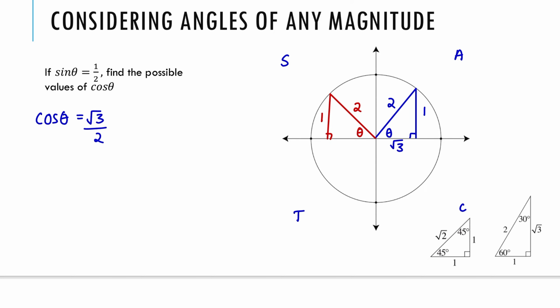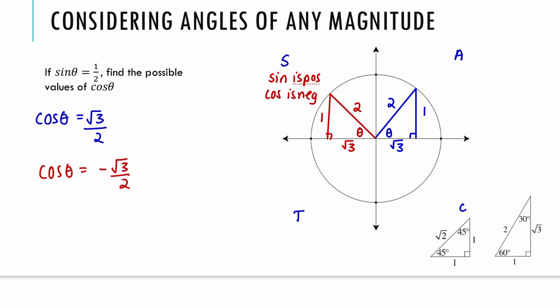But what you'll notice here, we still have root 3, but sine is positive, while cos is negative. So here we're also going to get that cos theta is equal to negative root 3 over 2, where the negative is telling us that we're in a quadrant of the unit circle where our cos trig function is going to give us a negative output.